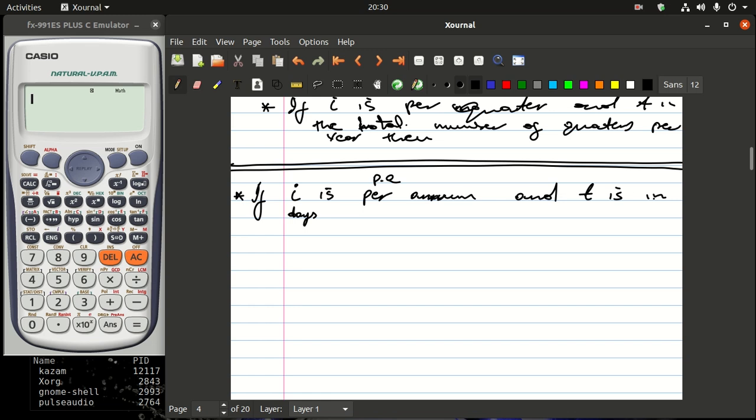What is going to happen now with the equation? This one is given per annum, but t is in days. In other words, we are receiving a portion of this interest every day.